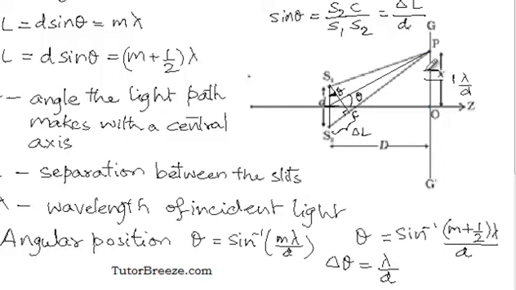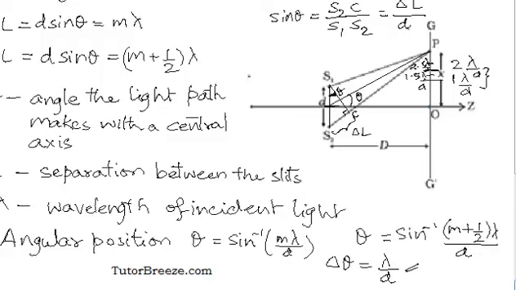The next bright fringe would be at 2 lambda over d, which means the separation between two fringes is lambda over d. Same is the case with the dark fringes. One dark fringe would be at 1.5 lambda over d. The next dark fringe would be at 2.5 lambda over d. So the distance between two dark fringes would also be lambda over d. So this is the angular separation between the fringes.